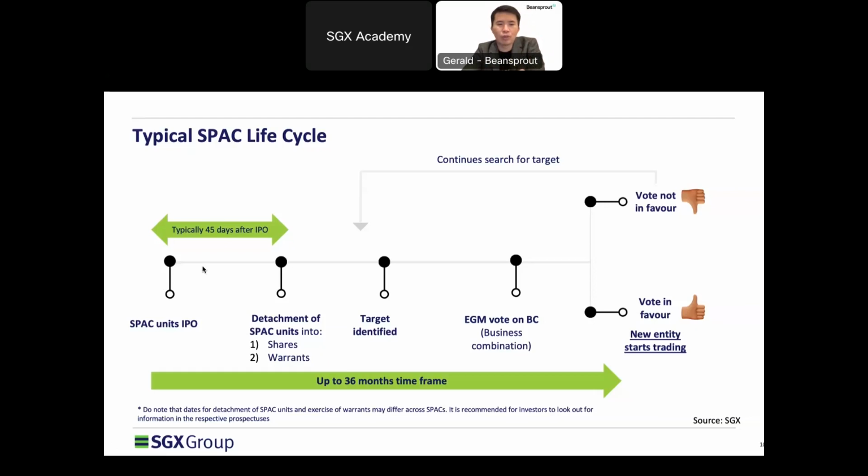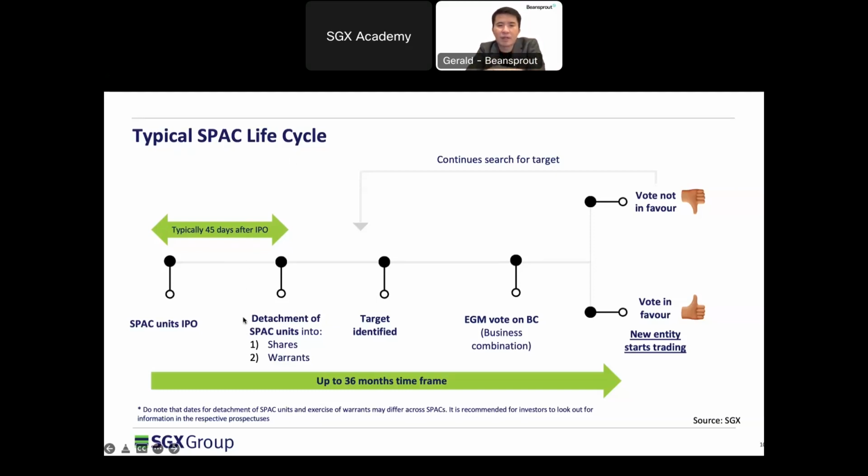So if you go to the Singapore Exchange website today and look for the SPAC unit, what you will actually see is, number one, the SPAC share, and number two, the SPAC warrant, because they have been detached into shares as well as warrants. Those are different entities that are traded on the Singapore Exchange, and I'll go into more detail later as to what the differences between a share and a warrant are.